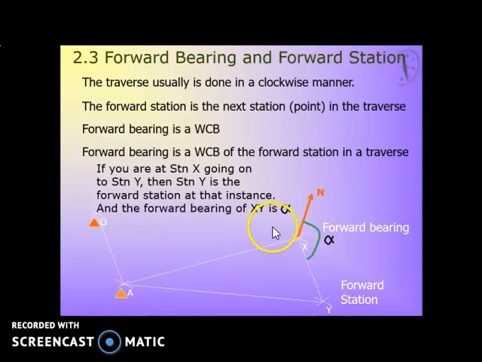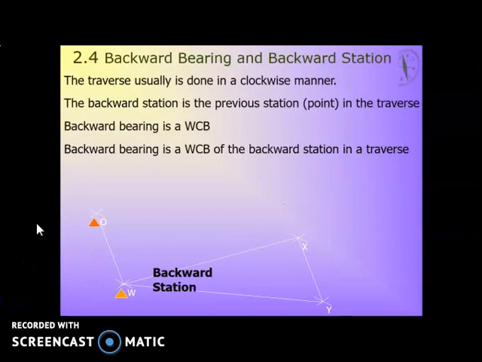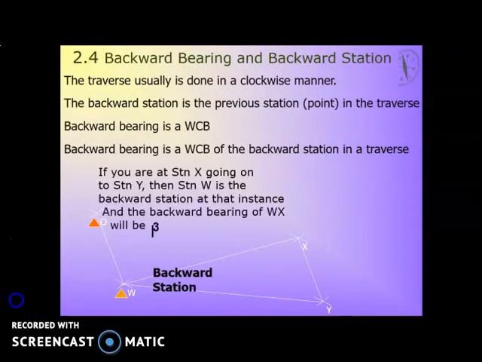So let me repeat that. If you are at station X and you are going to station Y next, the forward bearing of the line XY then becomes the angle alpha. So that is forward bearing. Another type of bearing is the backward bearing.